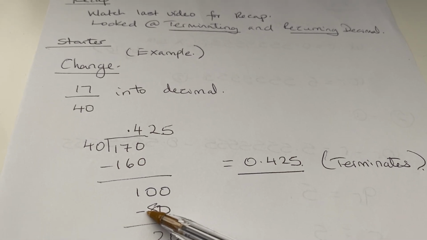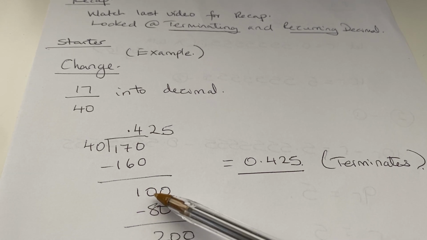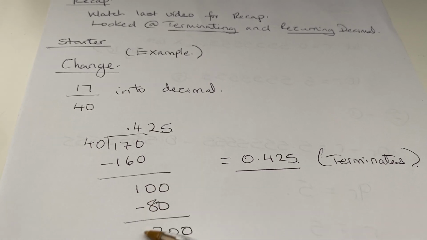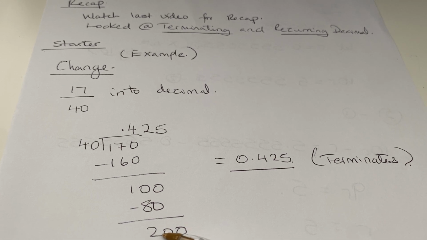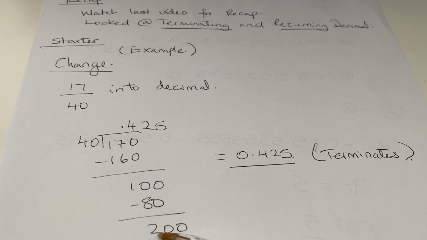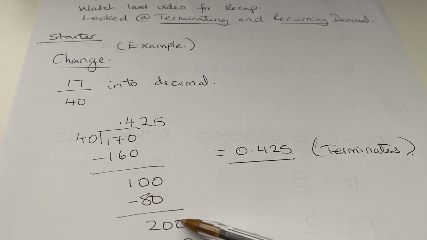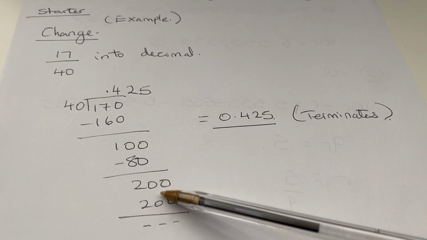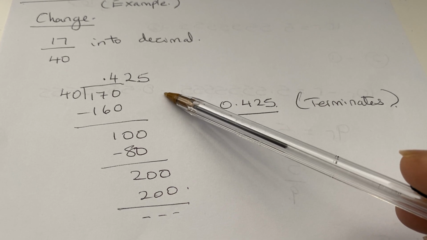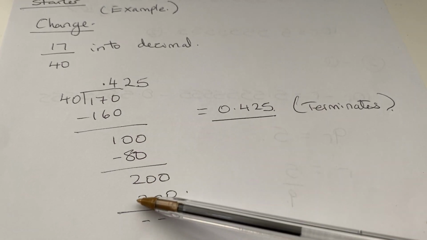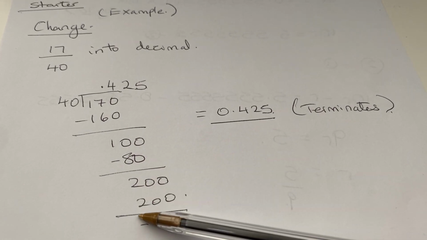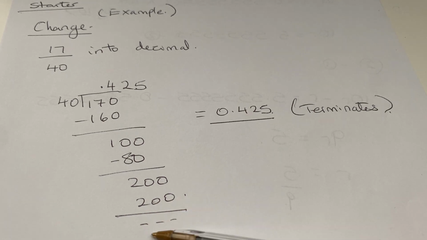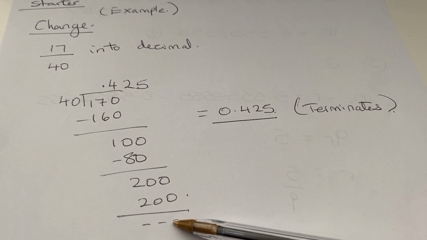80 out of 100 will give you 20. We add another 0. How many 40s do we have in 200? 5. 200 minus 200 will give you 0.